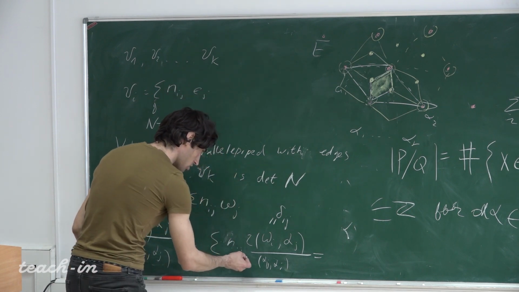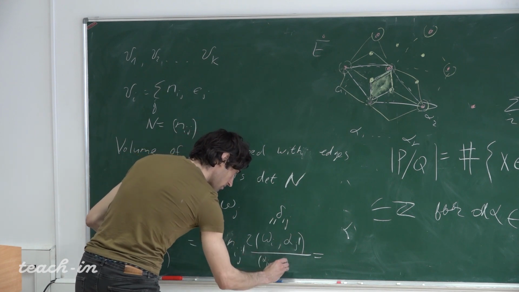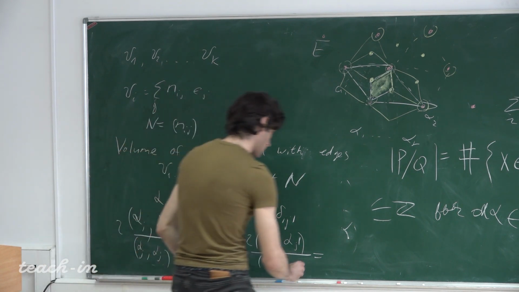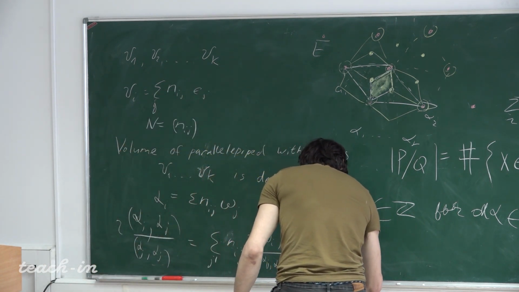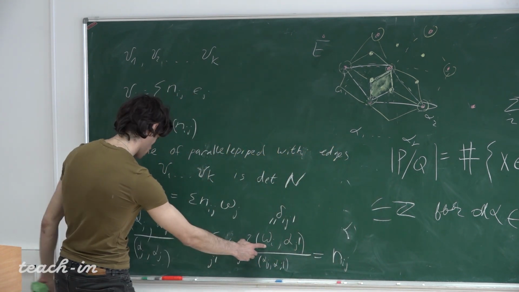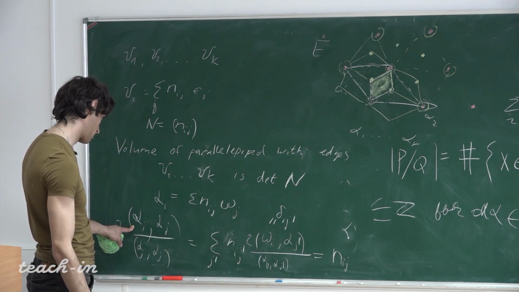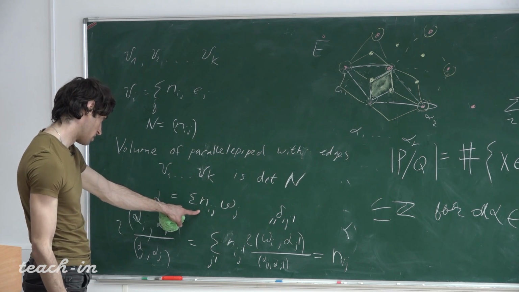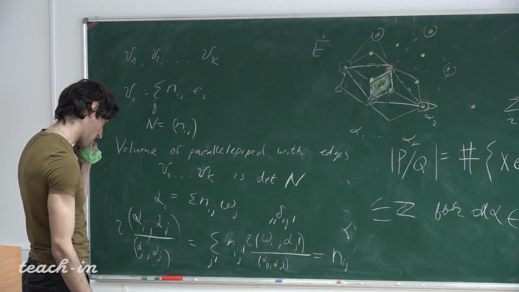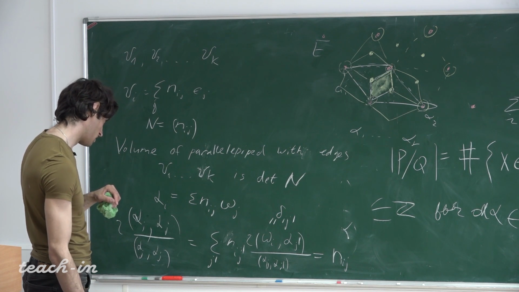Maybe the index of summation should not be j from here, but j prime. Sum over j prime. But this is exactly n_ij. Sorry, omega should be here. So I plug in what? This. So omega_i. Something is bad with the indexes.